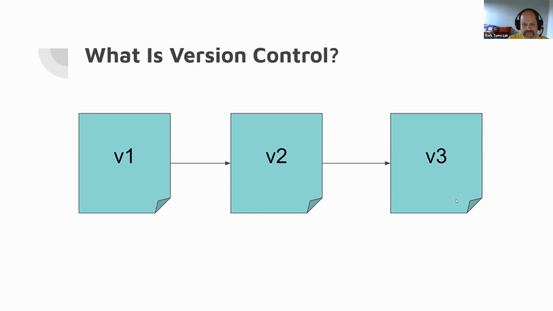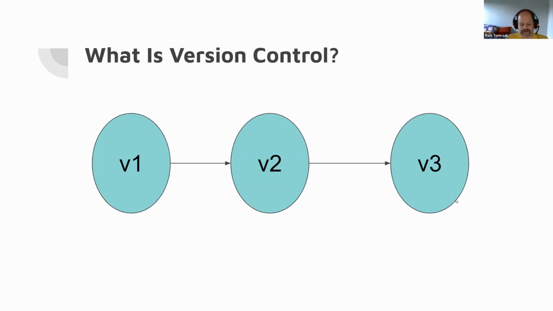And this model is not limited to one file. Version control tends to work on an entire directory tree underneath your file system. You can think of individual versions as checkpoints or snapshots in time of what your entire project looked like. In Git, these are called commits.